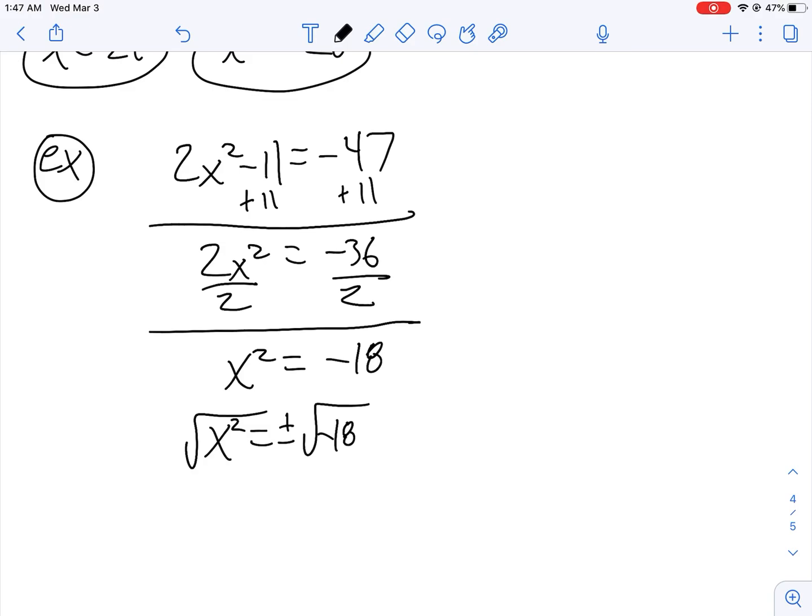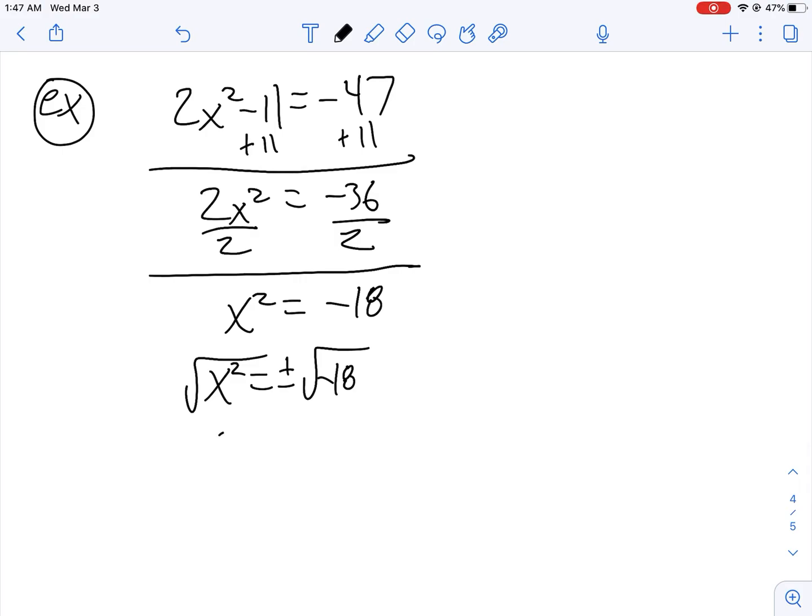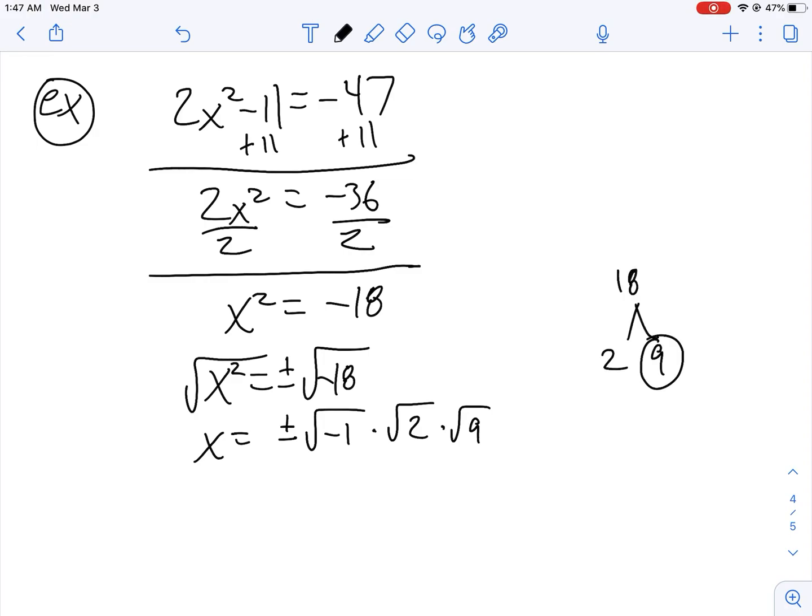Of course, if you want, you can leave space when you do that previous step and just throw your square roots in there. Okay, x equals plus or minus the square root of, I'm going to start splitting it apart now, negative 1 times the square root of 2 times the square root of 9. 18 is going to break up into 2 times 9. 9 is a perfect square, so I want to use that. x is equal to plus or minus: negative 1 is i, the square root of 2 is just the square root of 2, the square root of 9 is 3.